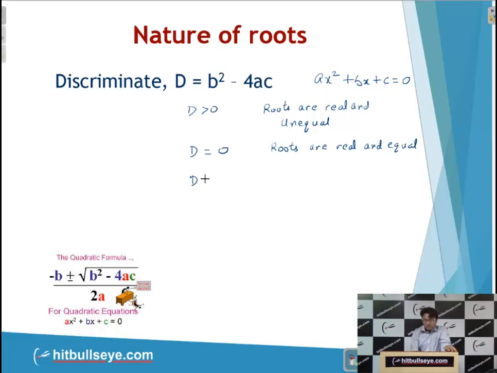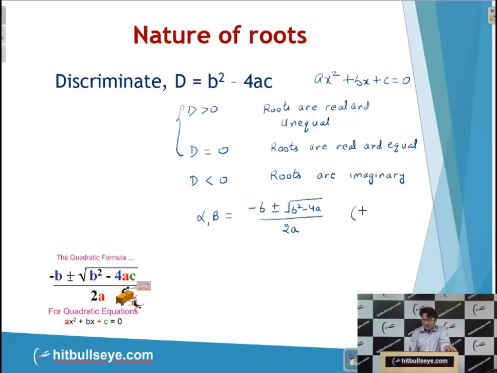And if the value of discriminant is less than 0, then roots are imaginary. In this particular case, we say we cannot solve a quadratic equation. But in the first two cases, we could take out the values as alpha comma beta equals to minus b plus minus root of b square minus 4ac by 2a.